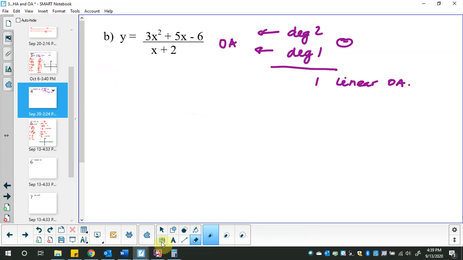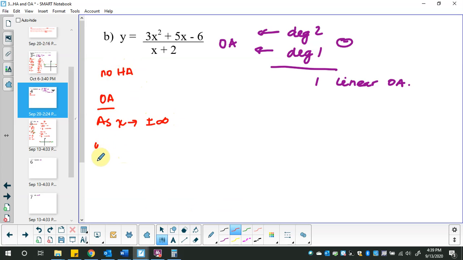But if we pretend like we don't even know that this has no horizontal asymptote. I mean, you're really supposed to know. We're doing oblique. Your first line should be the same. So let's pretend we're just having a sleepy morning.